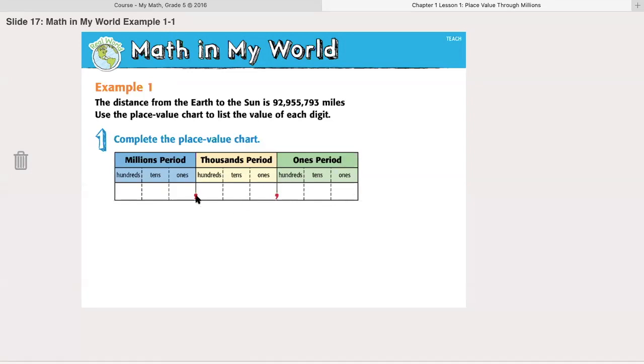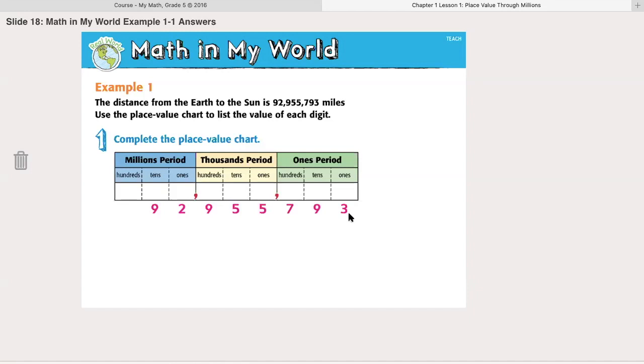So each time we approach a comma, we are saying what period we have just passed. In this particular case, this is how we would complete the place value chart. 92,955,793.